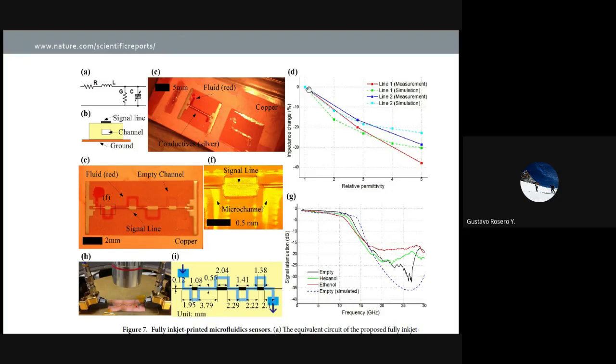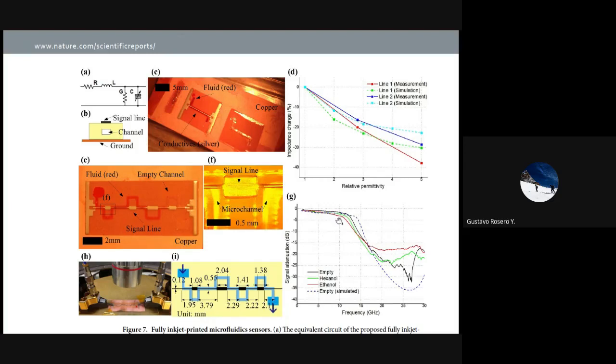The green line is the simulation, and the blue and the red are the measures with liquids. In part G, this is also the simulation, the blue line, and they use different liquids in order to measure the frequency response, and this is the way to also characterize liquids inside the microfluidic, because the profile that you see is different between different fluids.